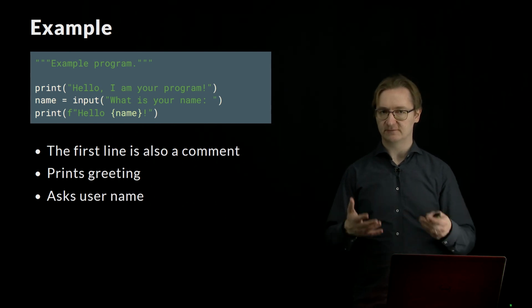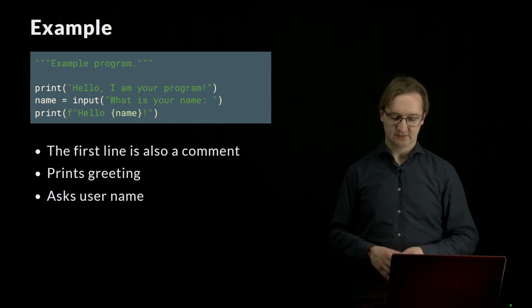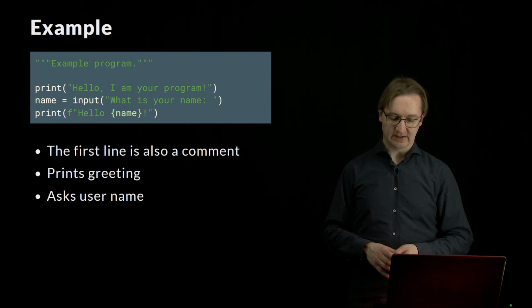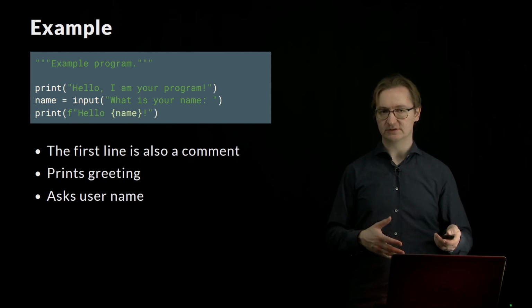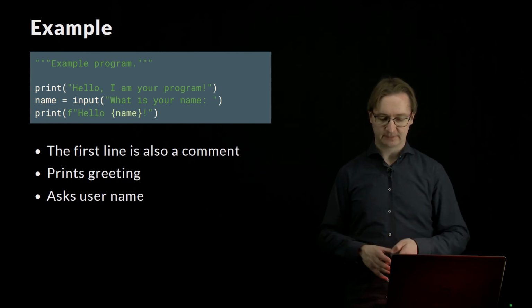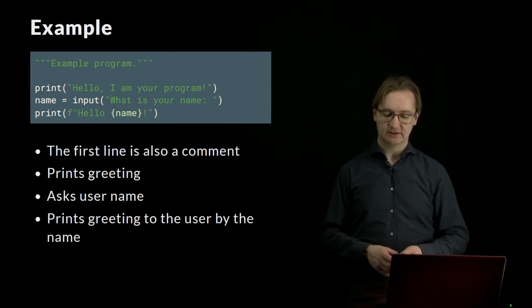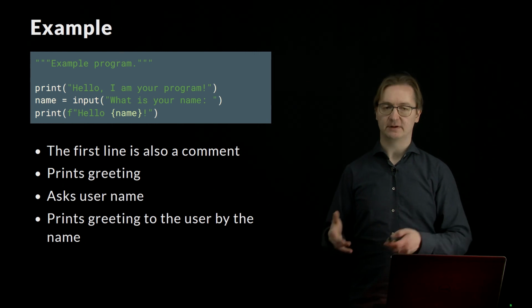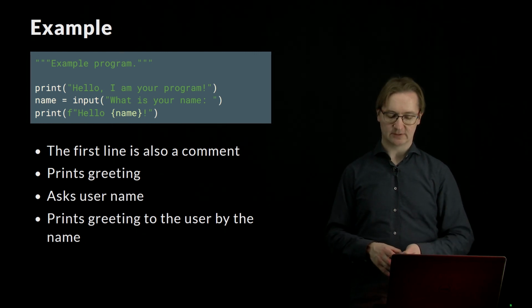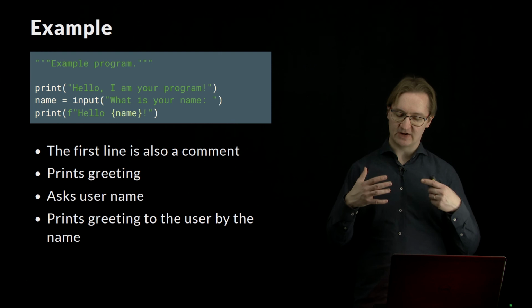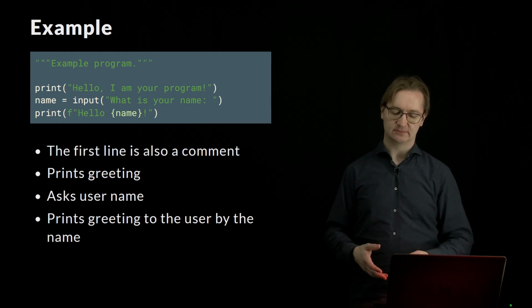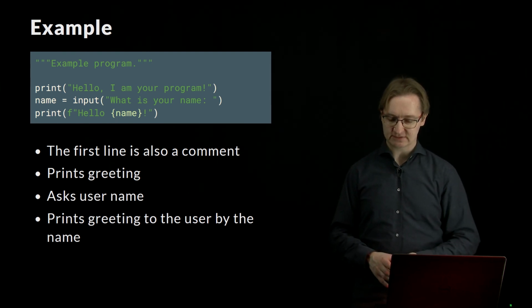And now it's time for the user to enter his or her name. The result of this input is written into the variable name. And now the third actual line greets the user by name. What happens is that the variable name is used in this print statement.